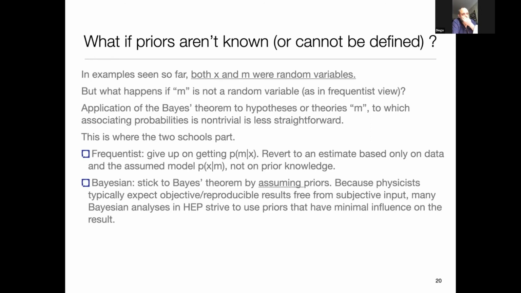If you have data and inject a very informative prior that completely moves your inference, you are not doing a very good service to your community, because some other physicists who may use different priors may get a completely different result. So they try to use priors that have minimal influence on the result. But still, it is statistical information that is injected into the inference, so it cannot be completely inconsequential.